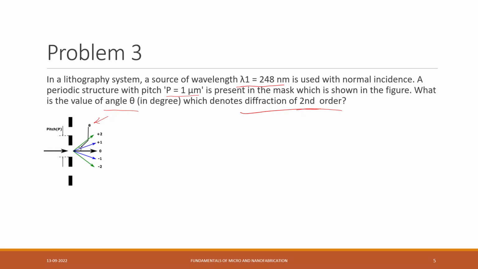If you have any doubts on the question, you can ask. You have to think about how this angle and the ordered diffraction patterns are related.